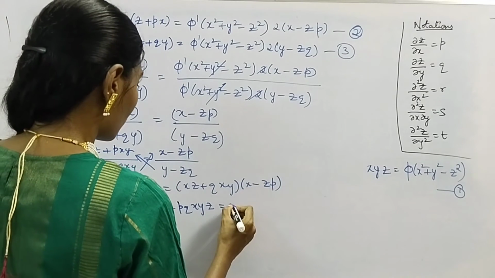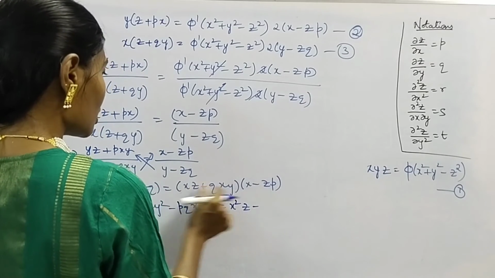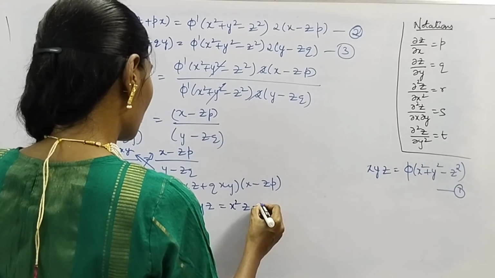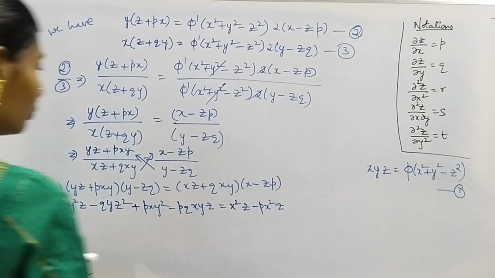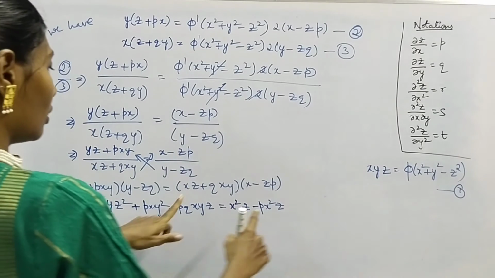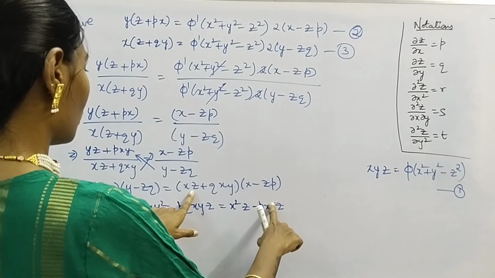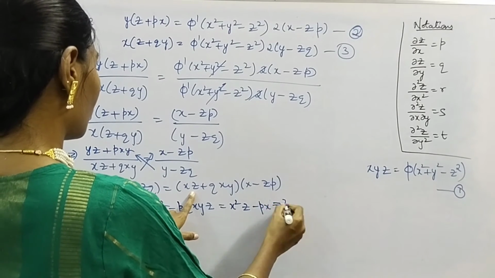xz into x is x square z, xz into minus zp gives minus pxz square.